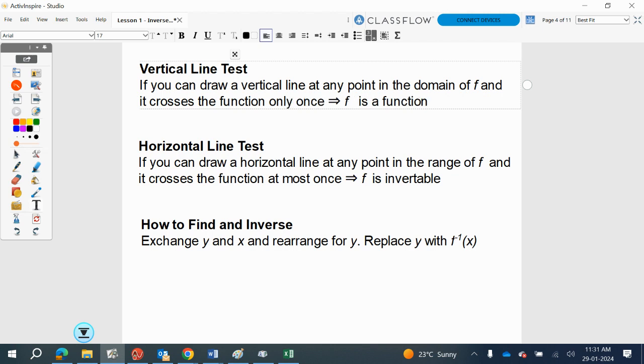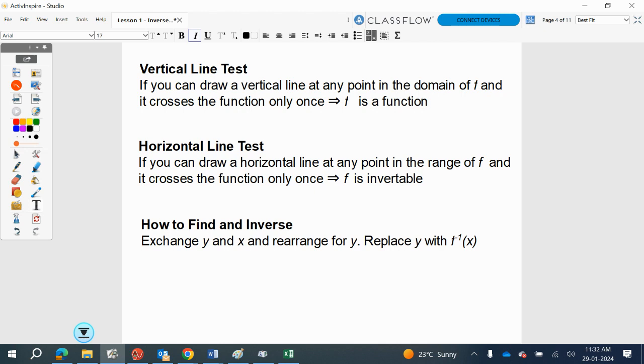Only once. The horizontal line test is used to determine if a function is invertible.